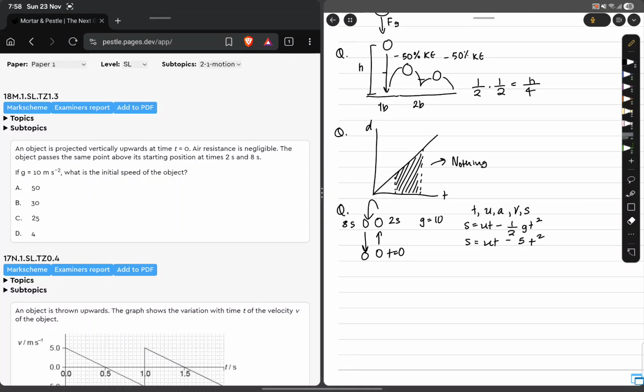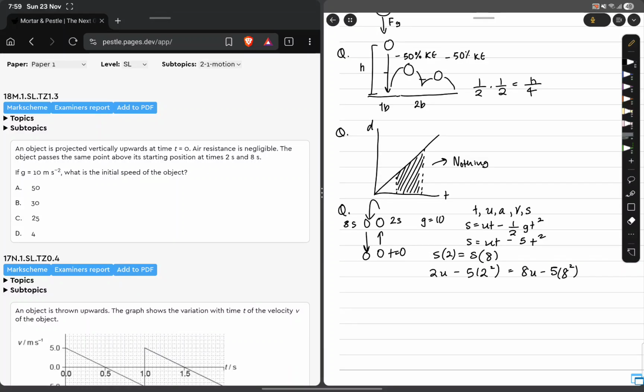Another thing we know is that it passes the same position at different times. So what we're going to do is take this equation, S equals to something, and equate S2 to S8.